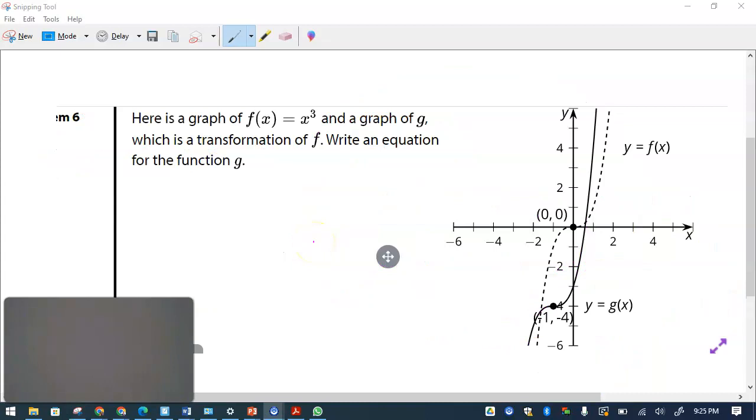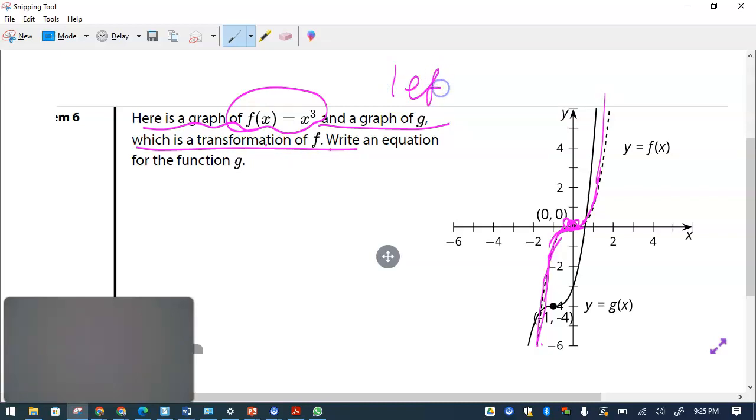So the last problem is 6 here. You're given a cubic function, the dotted one. There it is. That's the dotted one, and they gave you a point, which is this point, and a graph g is given, which is the transformation of f. So the question is, what happened? When you talk about transformation, it means left, right, up, and down.